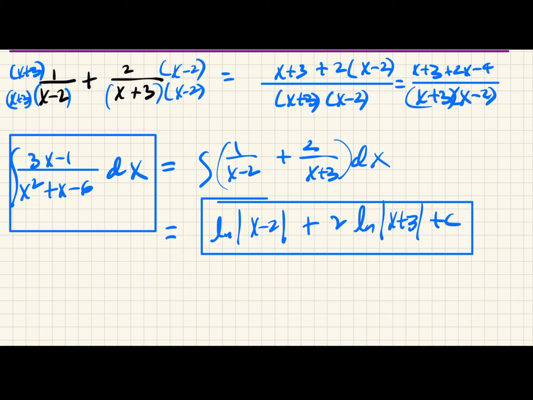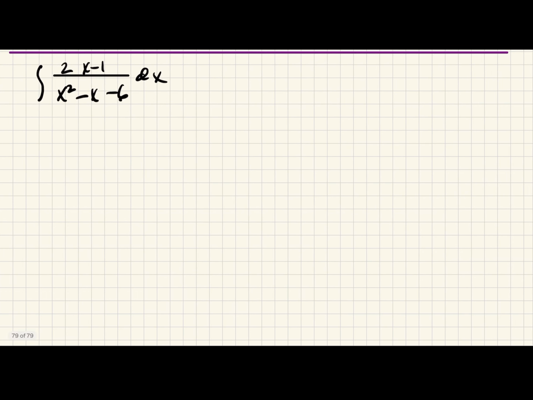Because that's what gave me x minus 2, x plus 3. And going backwards, that's where it came from, having two separate fractions, one with an x plus 2 and one with an x minus 3. So I'm going to factor that, and we have x minus 3, x plus 2.